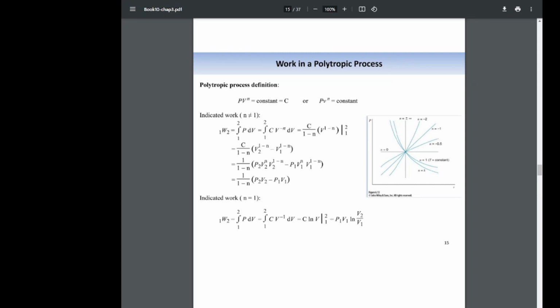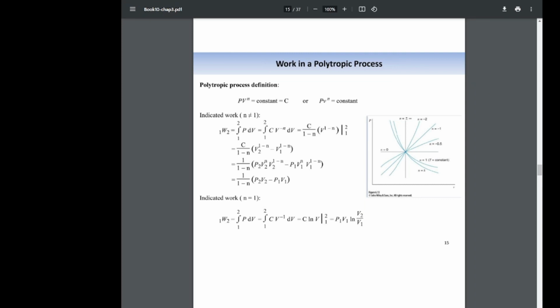With this in mind, we can define the pressure as equal to this constant times V to the negative n, or C over V raised to the n power. So we rewrite this just as we did when we were talking about boundary work.